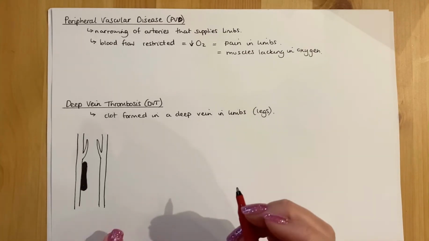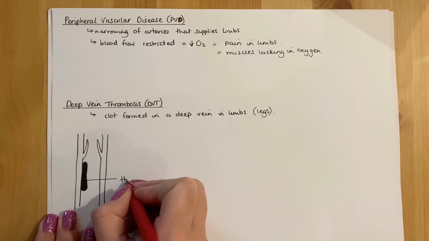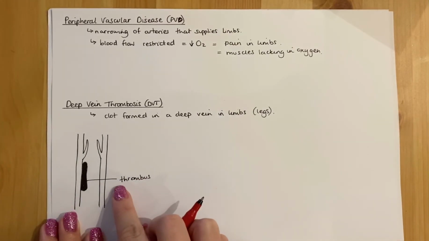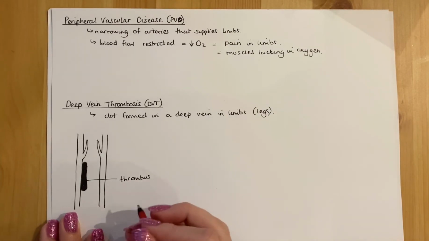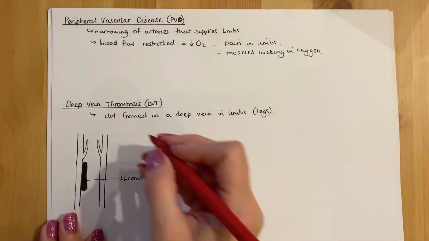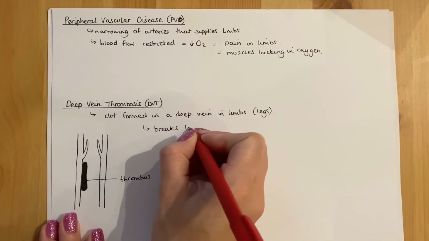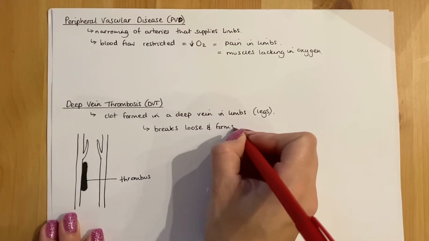Okay, so this would be your thrombus, your thrombosis, the formation of that. The issue with this is that, like before, a section of that can break off, and that would form an embolus. So if it breaks loose, it forms an embolus.